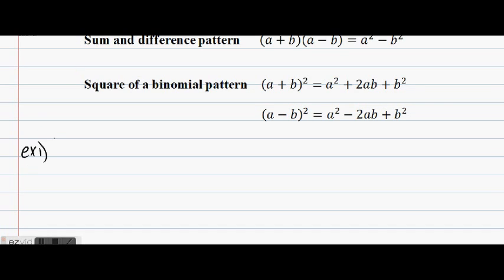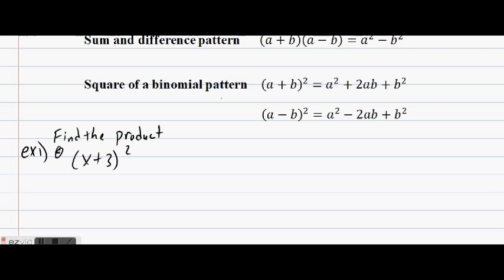Example 1, the directions: find the product. Again, you're going to be referring to these special patterns in these problems. So I gave you x plus 3 squared.